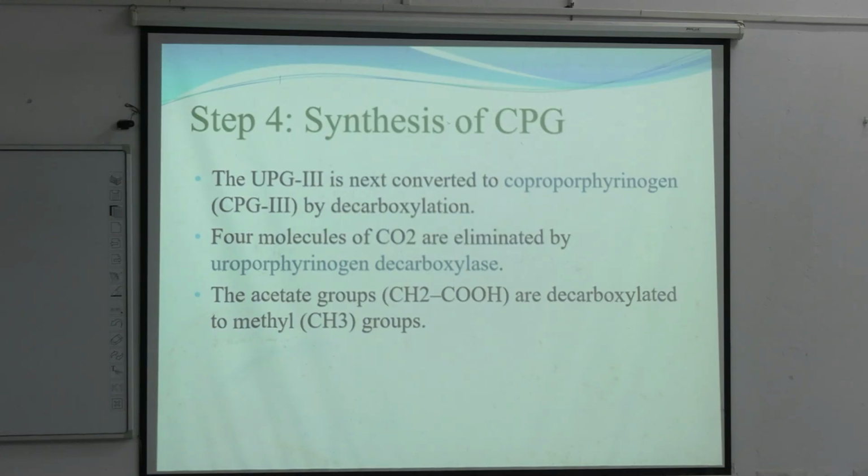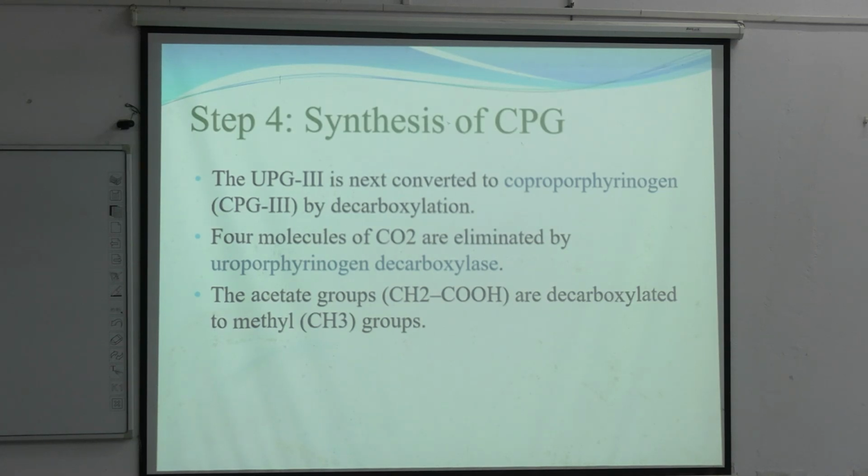So from which group is carbon dioxide eliminated? From the acetate group or acetyl group attached to all the 4 substituents. They will be converted into methyl groups. CO2 will be removed from the acetyl group to get converted into methyl groups.